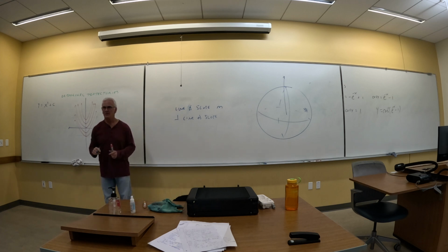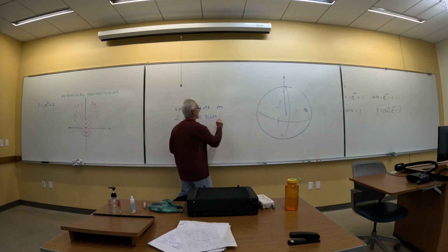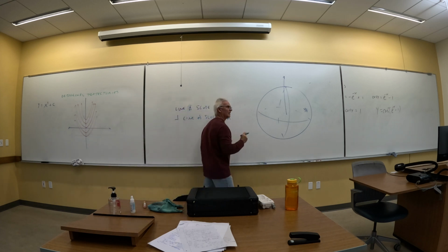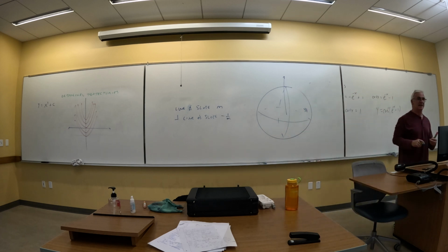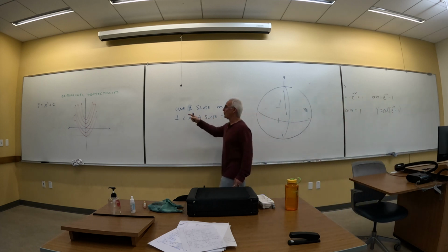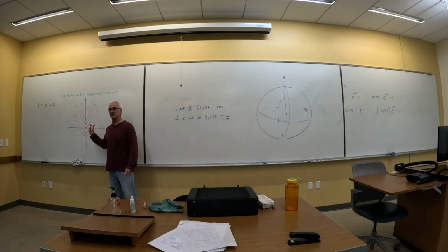Reciprocal and opposite. Give me a value. Negative 1 over m. Because remember, the product of the slopes of perpendicular lines must be negative 1. Now I said that's excluding vertical and horizontal because there'd be a 0 in there somewhere. Okay, excluding those guys.